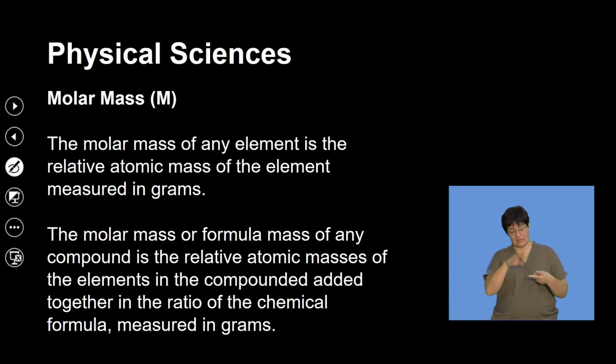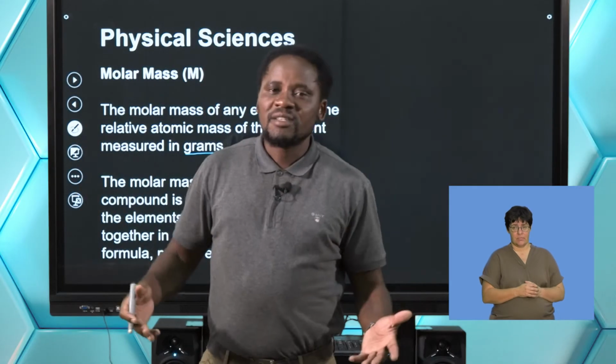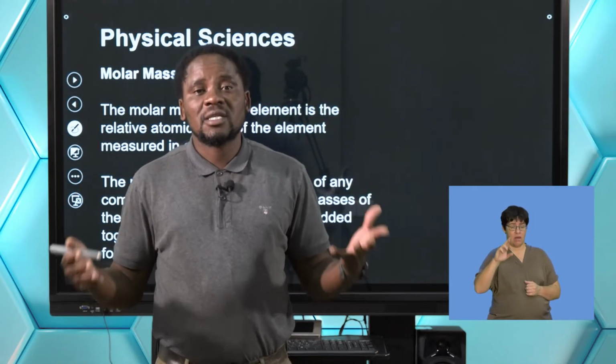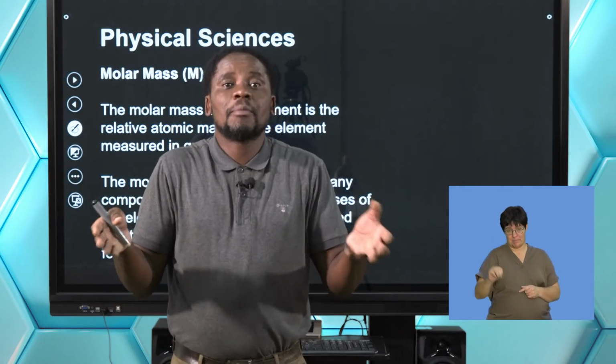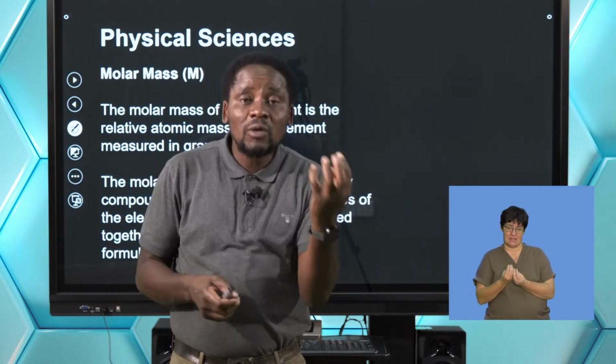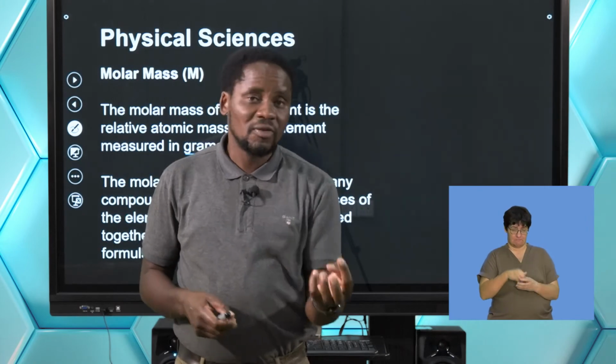Then the other concept that's very, very important is the molar mass. The molar mass of any element is the relative atomic mass of the element measured in grams. We measure in grams because mass is the amount of matter in a sample of a substance.